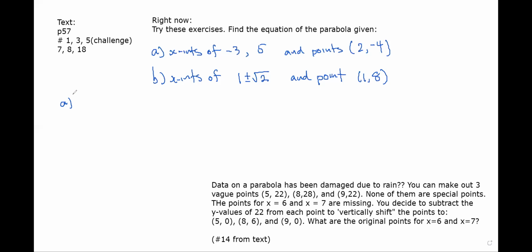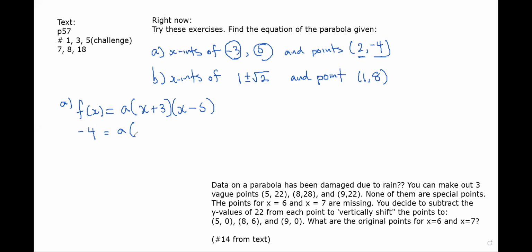Let's resume recording. Use whatever information is most useful and use it in appropriate ways. We have f of x should be a times x minus r, so that's plus 3, and then x minus s, which is a 5. And from there, you know that we have a random point x and y. So if the y value is negative 4, it's because x was a 2.